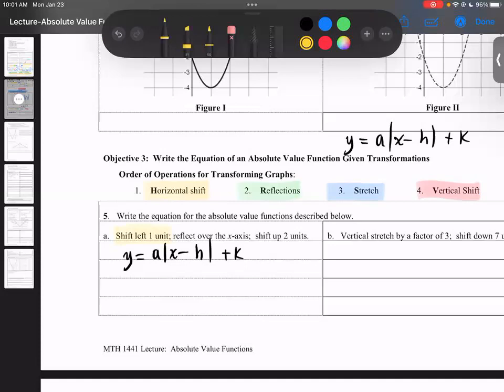So x minus h, so x minus 1. Y equals blank. And then up 2 units, that will be the vertical shift. I know I don't do the order here. I'm not graphing, I don't care. I just do the one that is easier first. So plus 2.